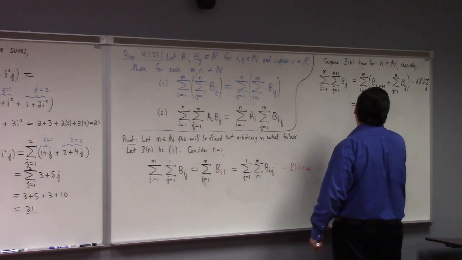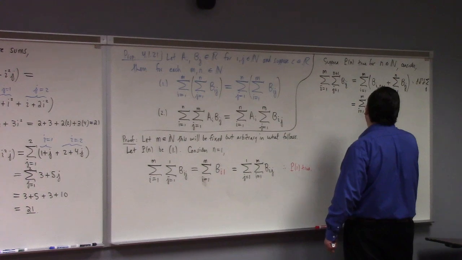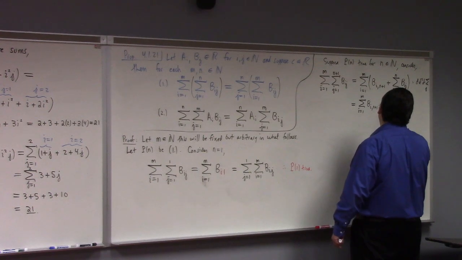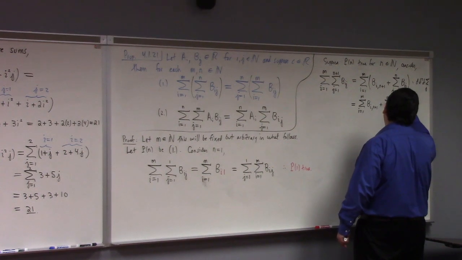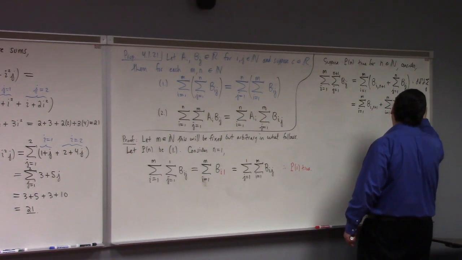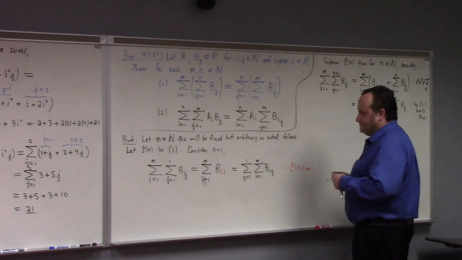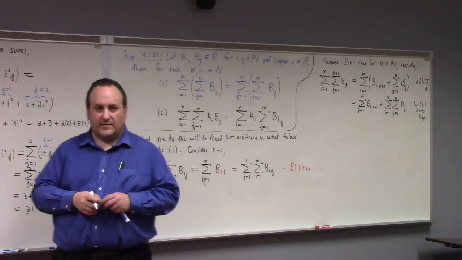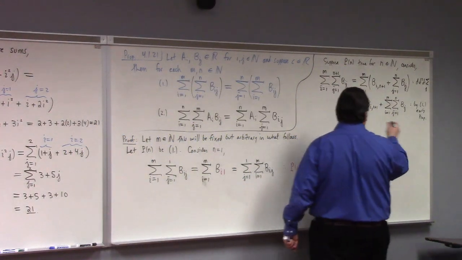I can use the one that we already proved, which is the sum i equals 1 to m of b sub i comma n plus 1, plus the sum i equals 1 to m of the sum j equals 1 to n of b_ij, by one of the earlier propositions. Because we proved that the sum of the sum is the sum of the sums. That was the first thing I proved today. You guys proved something else, I hope.